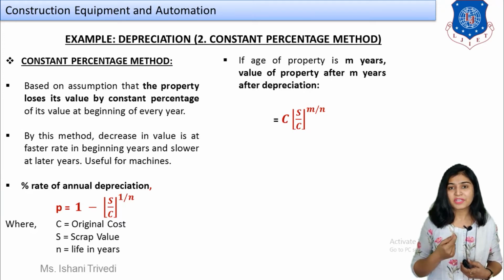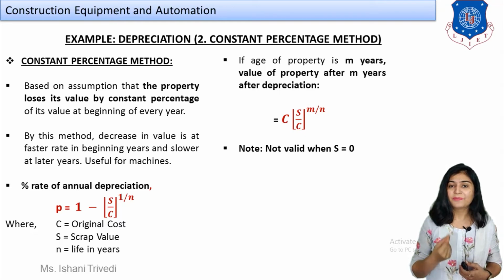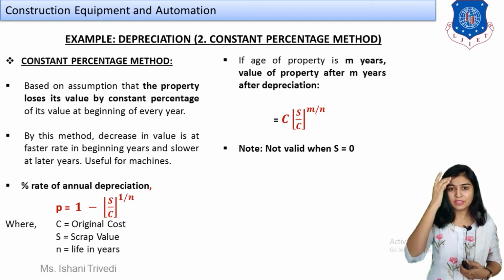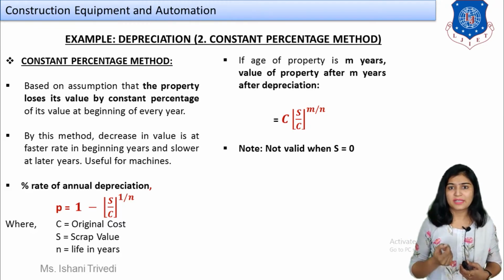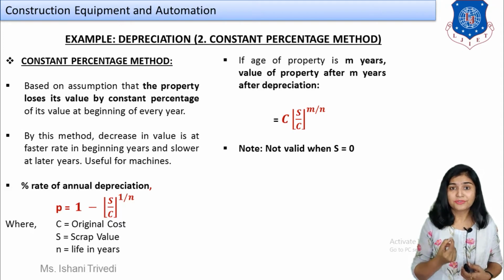Similarly over here, if I want to directly find the value at the end of m years, then we have the formula: C multiplied by (S upon C) raised to M upon N. Here C is the total cost, S is the scrap value, M is the number of years at which you want the value, and N is the total useful life.